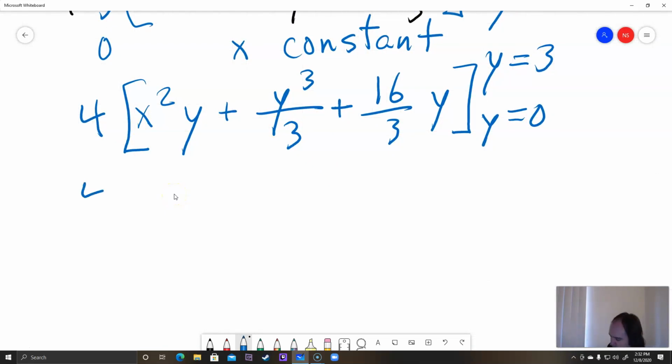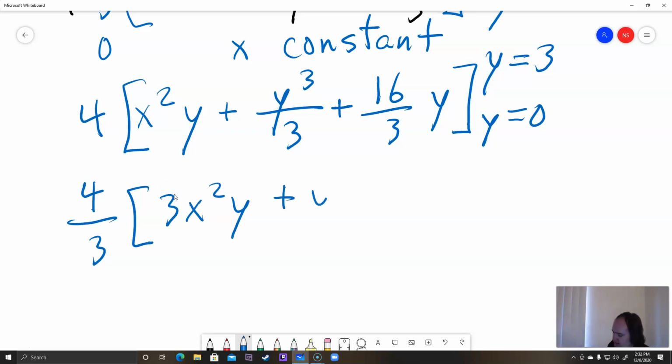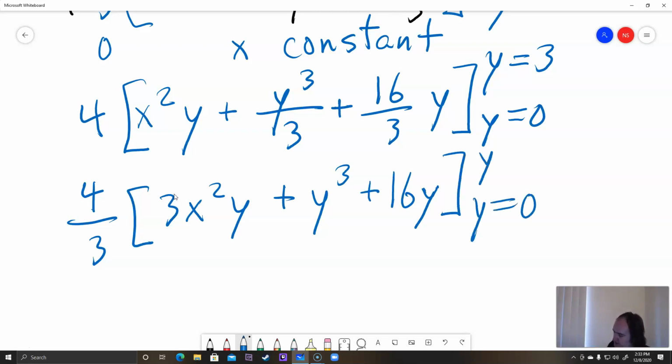So we're going to have a 4/3 out front. And then on the inside, for the first term, we'll have 3x squared y, because 3 over 3 is 1. And then for the other two terms, we have plus y cubed plus 16y. And this is evaluated from y equals 0 to y equals 3.